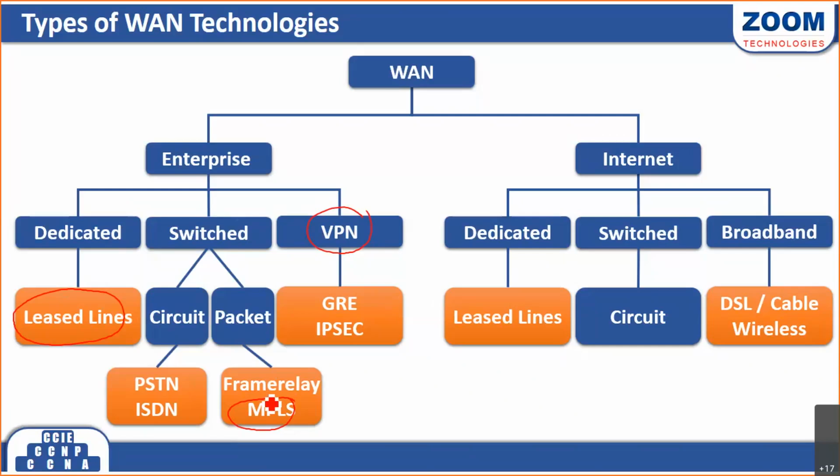PSTN lines and ISDN lines are all outdated technologies. Frame relay is being modified into MPLS. So most of the IT companies present use leased lines, VPN, and MPLS. Today we'll discuss leased line, and in the Cisco Security class we'll discuss VPN. Right?